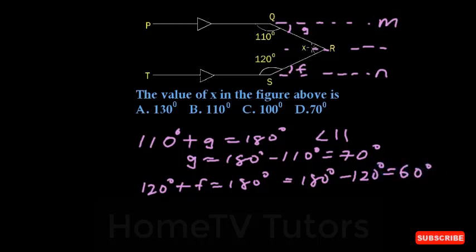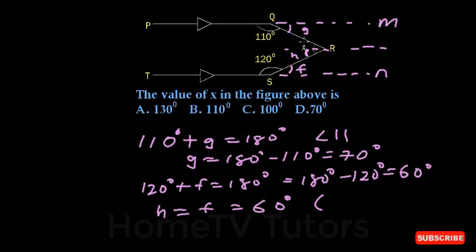And so the divided angle at the point of R, let's assume the angle here is angle H. For us to have this value, H is equal to F, and F is equal to 60 degrees. Both are alternate angles and they are equal.